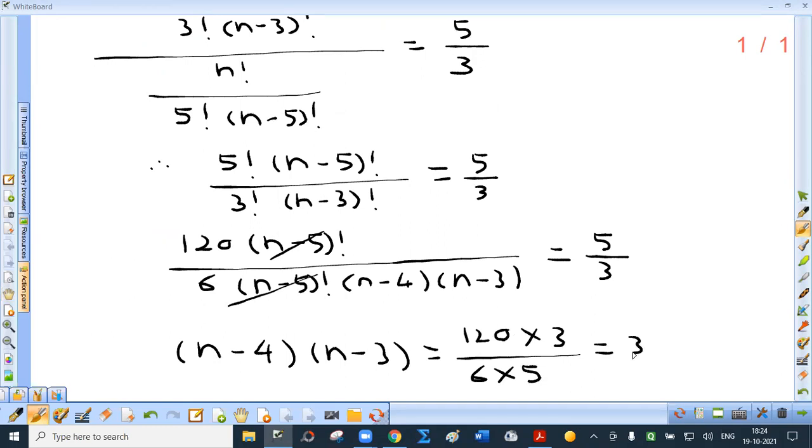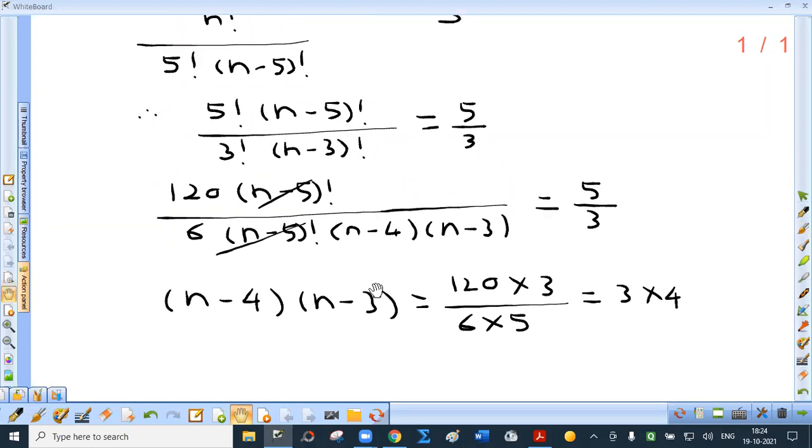So this is 3 into 4. I hope you are getting this. If not, cross multiply and then rearrange. I have directly written this. Like LHS, I have expressed RHS also as a product of two consecutive natural numbers. In exam, you have to write this. Otherwise, you will have to obtain a quadratic equation, discard one value and so on.